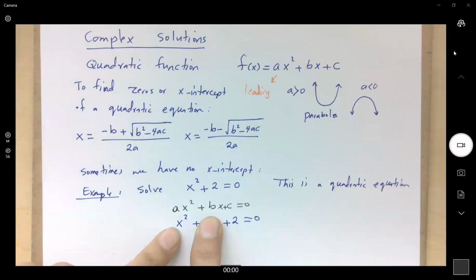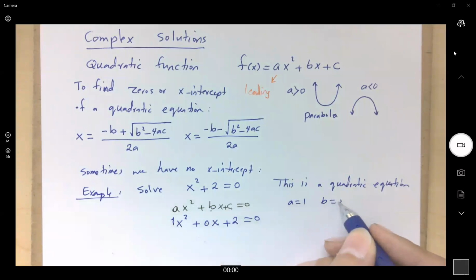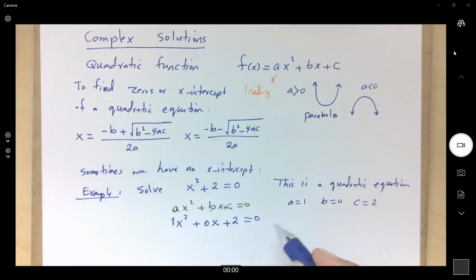You end up with x squared plus 2 equals 0. So that's how you can identify your A, B, and C. A is 1, B is 0, and C is 2. Now you can plug those into the quadratic formula and solve it.